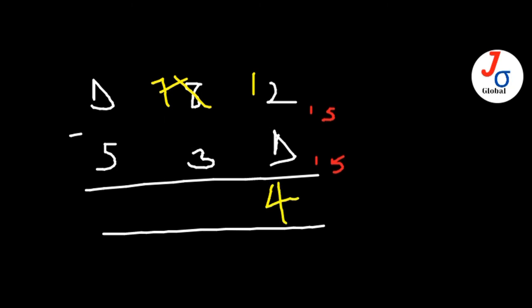Okay, so we have 7 minus 3, which is reasonable, 4. And D, which is actually 13, minus 5 is 8. So basically we have 844 base 15. So that's the answer to this question.